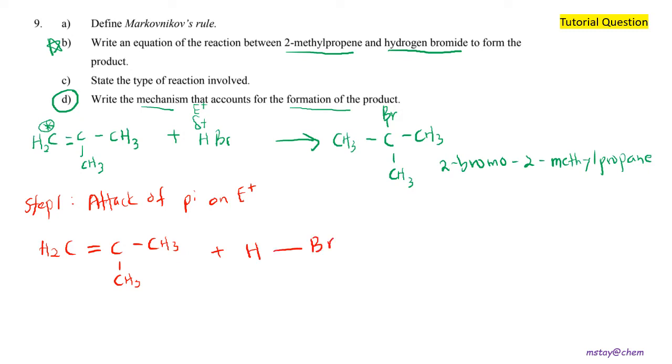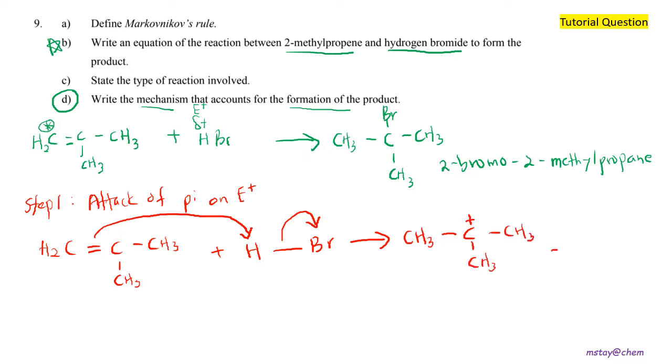Since hydrogen and Br have different electronegativity, the bond will break heterolytically and the bromine will gain both electrons. So it will become CH3 carbocation and then CH3.